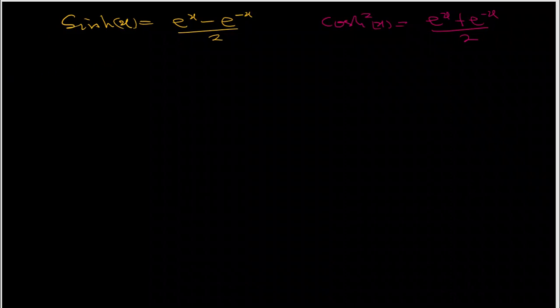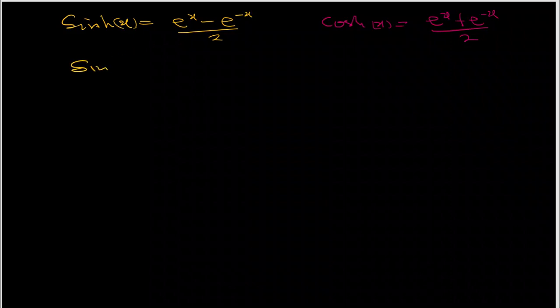Sinh x, or hyperbolic sin x, is defined as e power x minus e power negative x over 2, and hyperbolic cos x is also defined as e power x plus e power negative x over 2. What we are going to do is to substitute these exponential functions into the first identity.